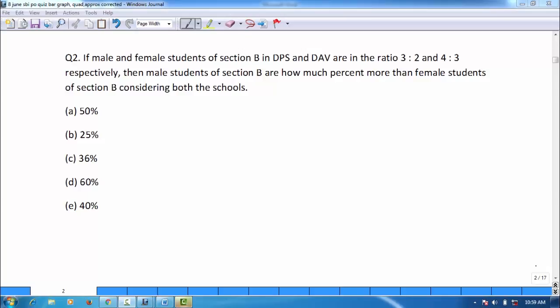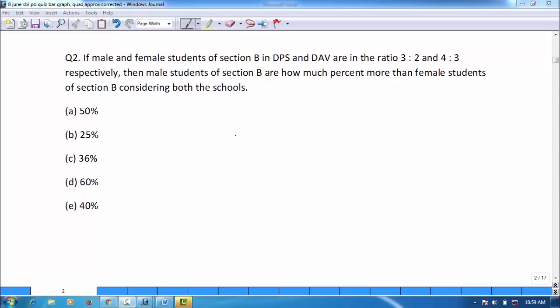Question number 2. If male and female students of section B in DPS and DAV are in the ratio 3:2 and 4:3 respectively, then male students of section B are how much percent more than female students of section B considering both the schools?